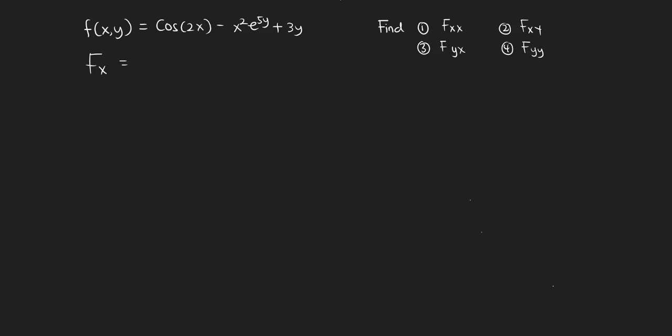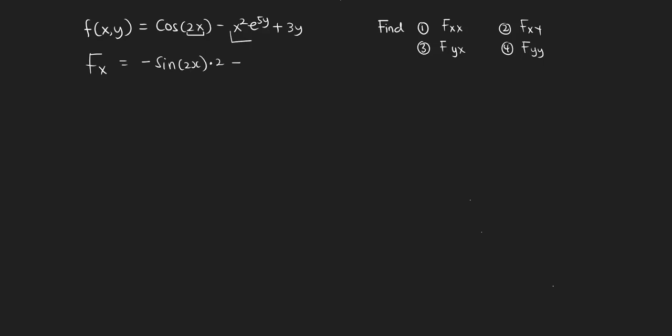The derivative of cosine of 2x will be minus sine of 2x. Then I will find the derivative of the expression inside, which is 2x, and that gives us 2. So then multiply by 2.